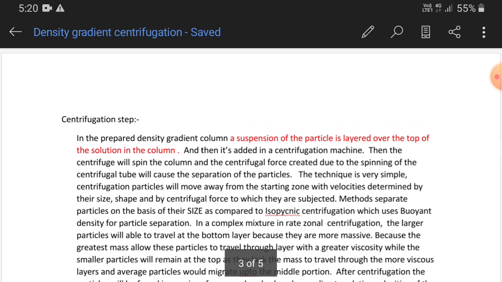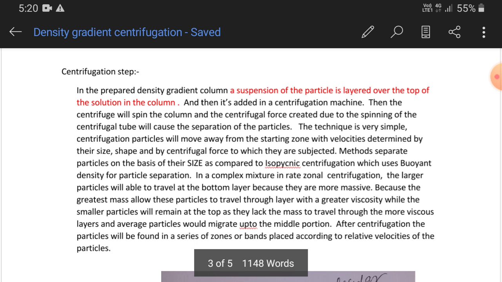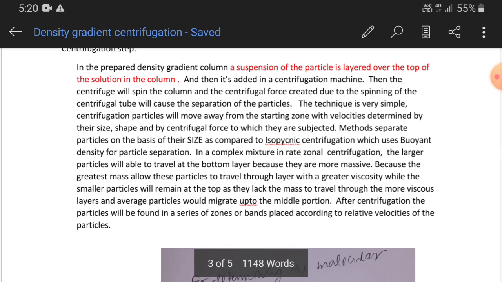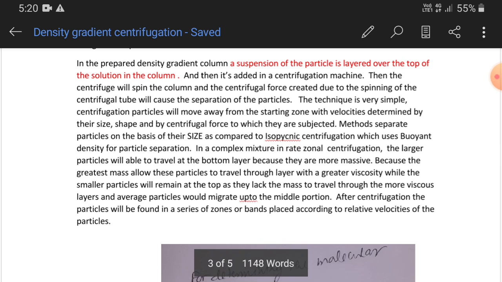So in rate zonal centrifugation, you need to keep in your mind that the column will produce the gradient, or the matrix forming substance will produce the gradient for you before centrifugation, okay. That is a very important line. And when you are adding a high concentration medium, you have to put the tip of the pipette up to the bottom of the column without disturbing the interface between the layers, okay.